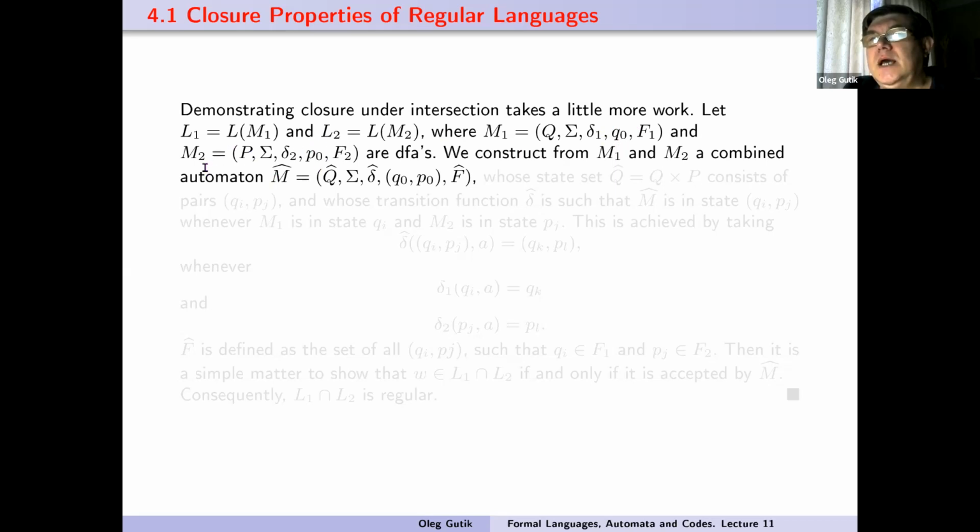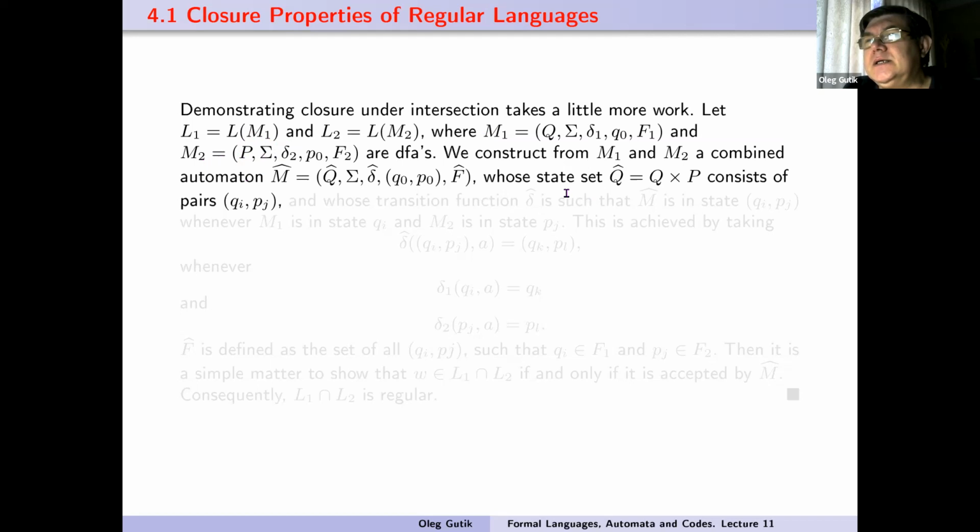And we have here also a set of final states F hat, whose state set Q hat is equal to the Cartesian product of Q and P, where Q is the set of states of automaton M1, and P is the set of all states of automaton M2.